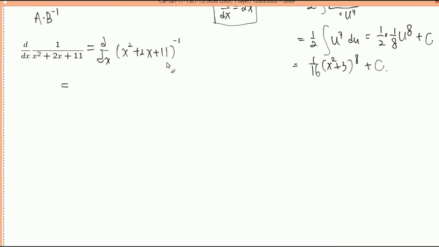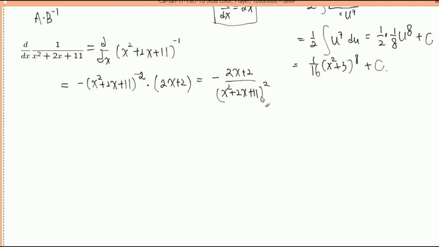This is your u, right? So negative 1 comes down, x squared plus 2x plus 11. What happened to the power here? Negative 2, right? So what do we multiply? Derivative of u, right? So what is that? Yeah, 2x plus 2. So if you put that back in the denominator, that will be 2x plus 2 divided by x squared plus 2x plus 11 second power. And you will get the same answer if you use the quotient rule instead. Does that make sense?